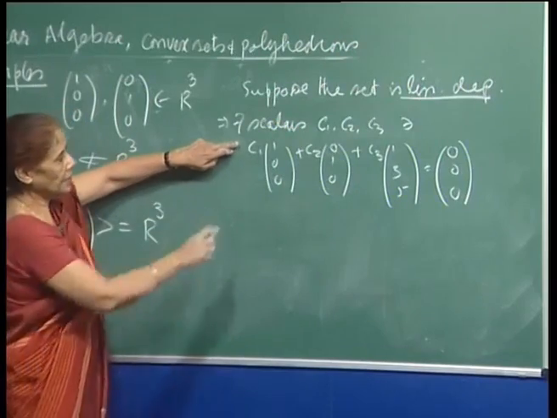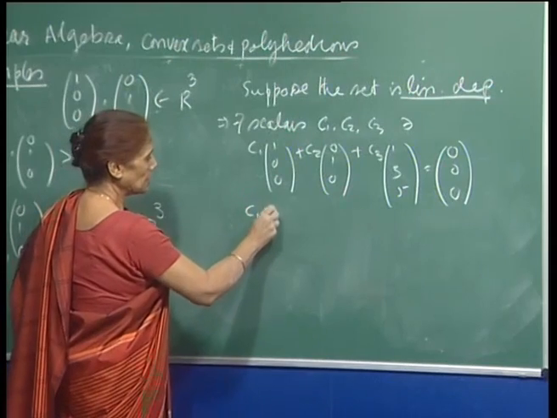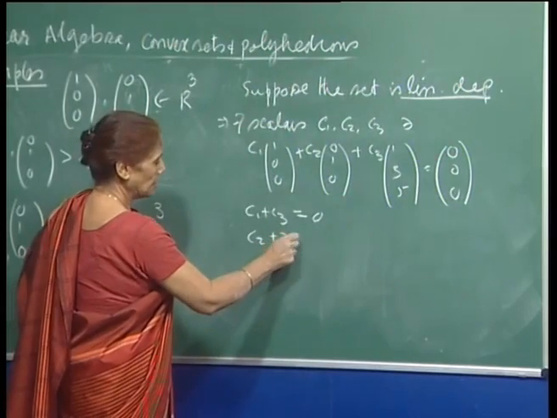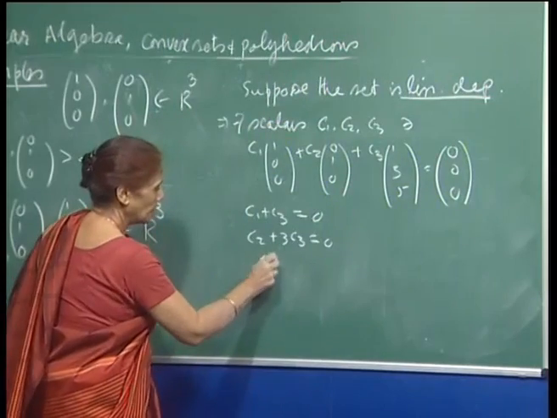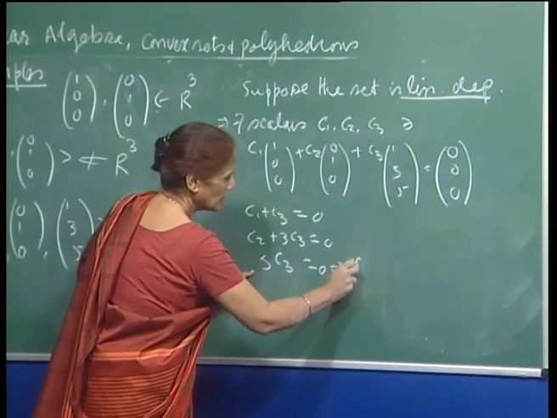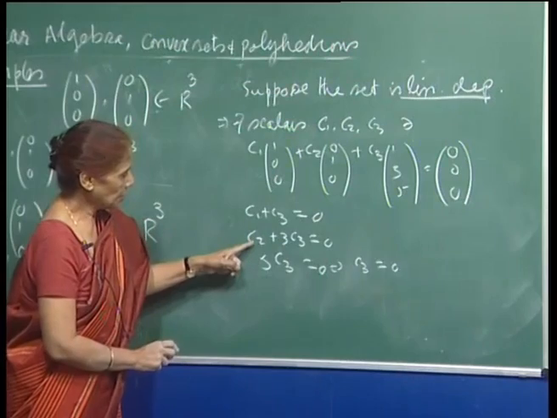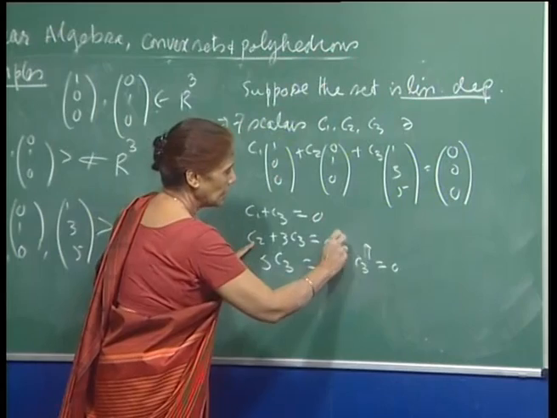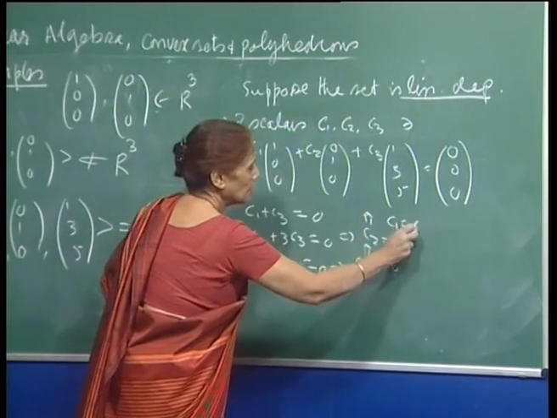Okay. So if you look at the first component, you get that C1 plus C3 is 0, then from here you get C2 plus 3C3 is 0, and from here you get 5C3 is 0, right. So this implies C3 is 0. If C3 is 0, then going back upwards, this implies that C2 is 0 and this implies that C1 is 0.